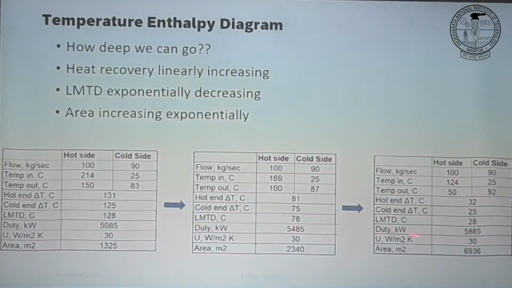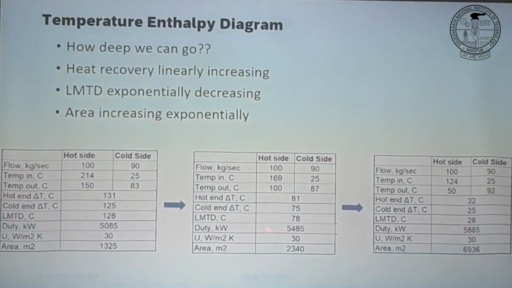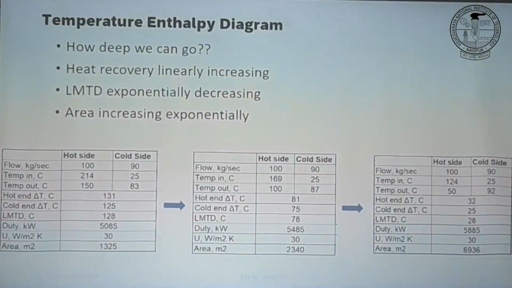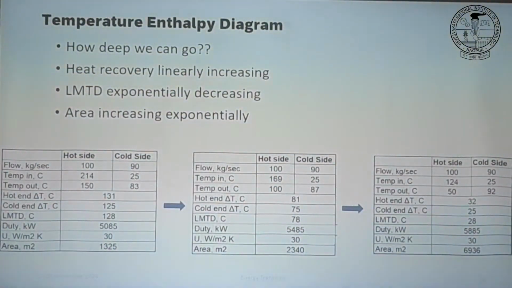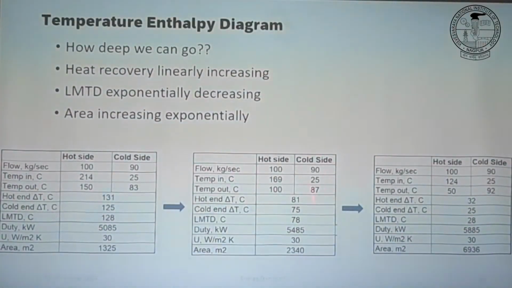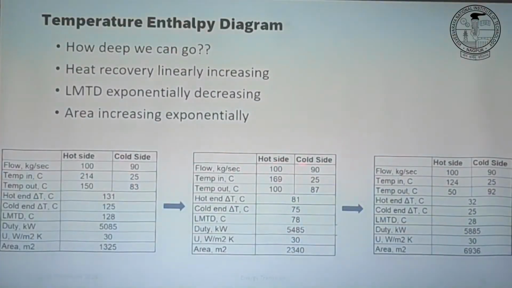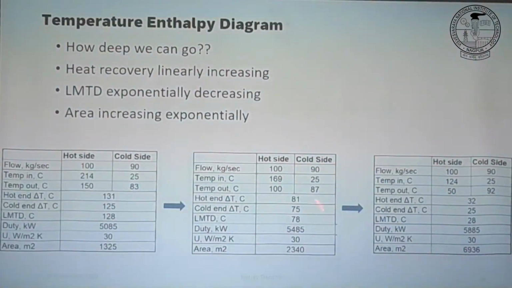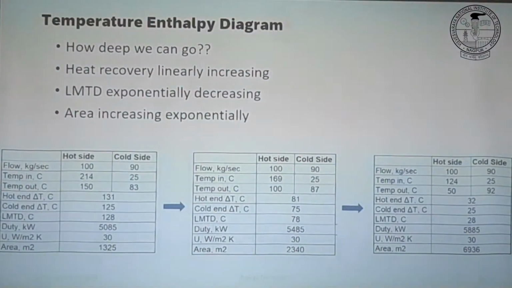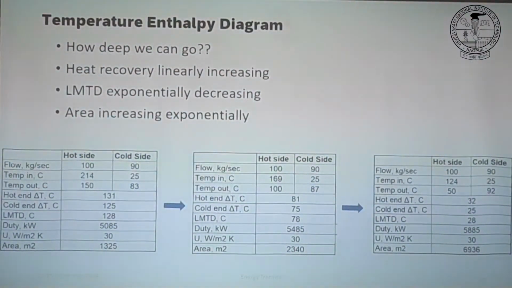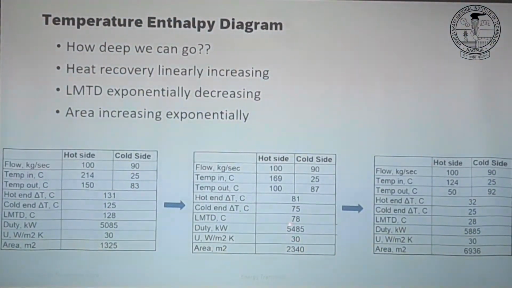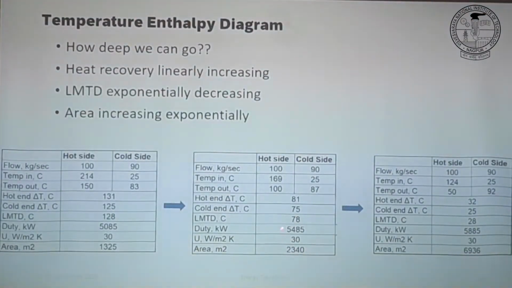So you could see LMTD goes down, area goes up, but your recovery is not so high. So for such an application, where you have gas phase on both sides, and both the gases are not under pressure, atmospheric pressure, or both fluids are in vapor state, gaseous state, somewhere around 50. If you have gas on one side and you are generating steam on the other side, steam has very high heat transfer potential, boiling service, right? Then probably an LMTD of 20, 25 is okay.